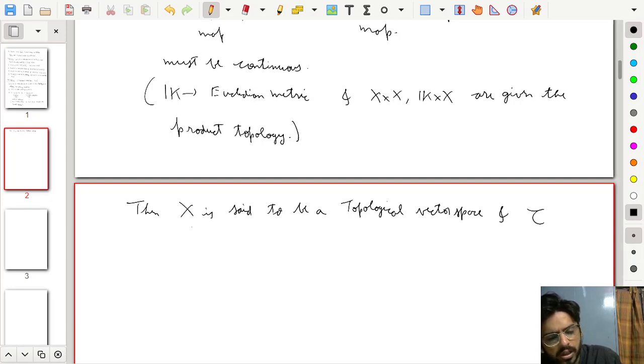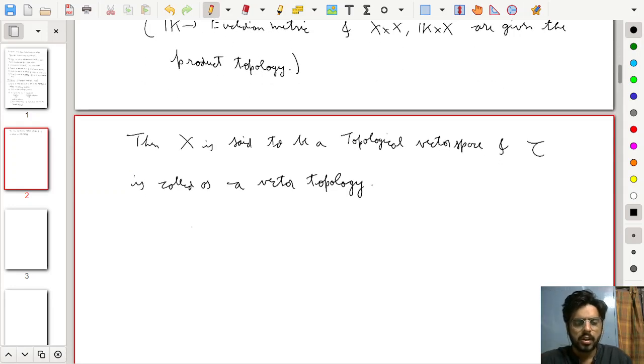And this topology tau is called a vector topology. Right?